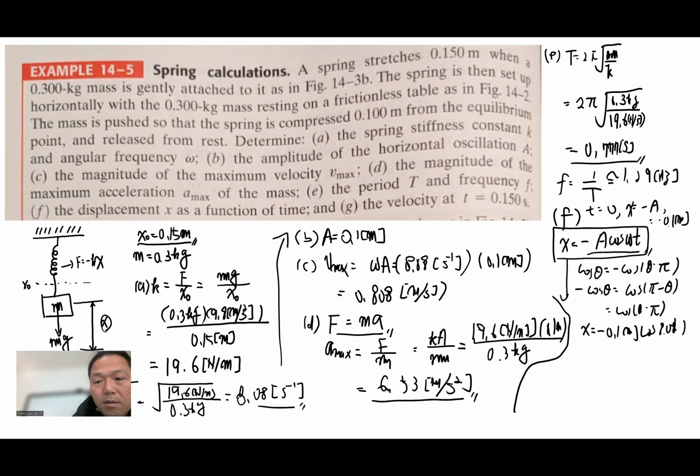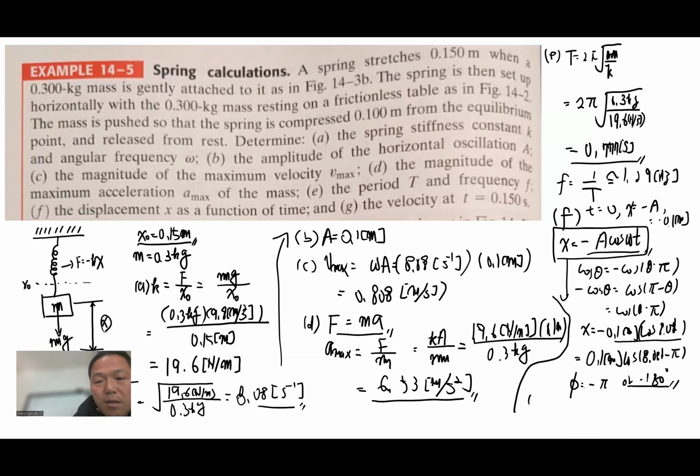Plug that minus sign into this cosine function, and that should be 0.1 meter cosine of 8.08 t minus pi. So that initial phase value should be either minus pi or minus 180 degrees.